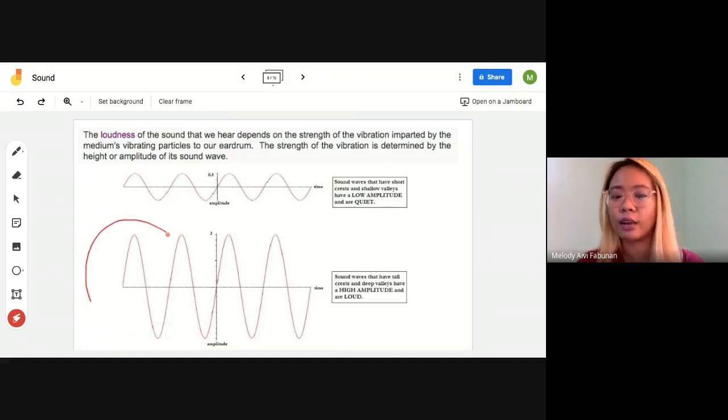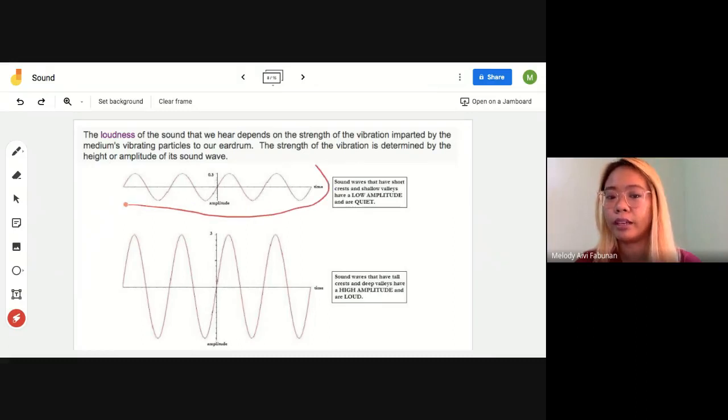Whereas, itong isang wavelength na to, pag binilang natin yung crest, meron din tayong 4 na crest. Pero kung mapapansin nyo, the distance coming from the equilibrium going to the crest is bigger compared to the first longitudinal wave. And this is because the first wave actually has a lower amplitude.